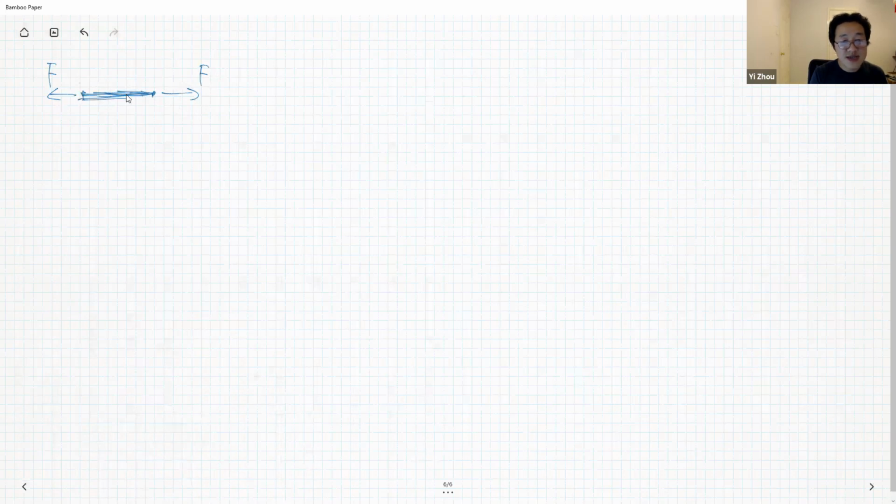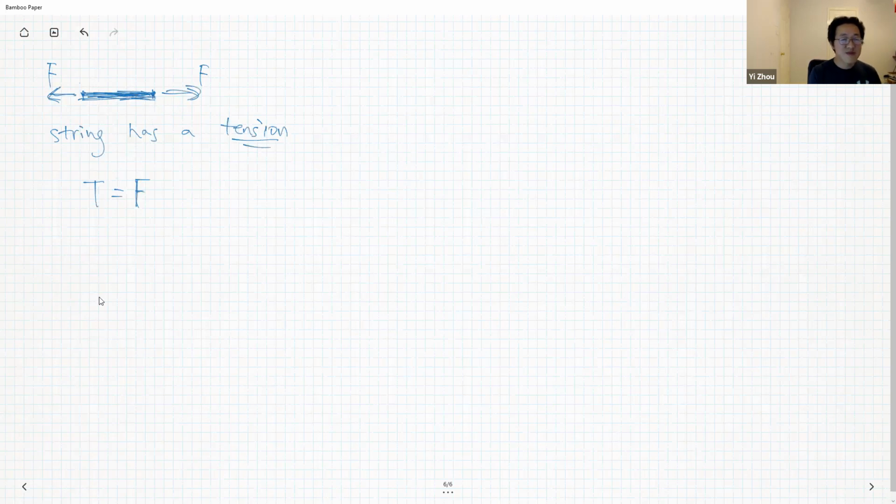In this case, we say the string has a tension. And we define the tension to be F in this case, because it has force to the left and force to the right. And it has this tension F everywhere along this string. So we call this string has a tension F.